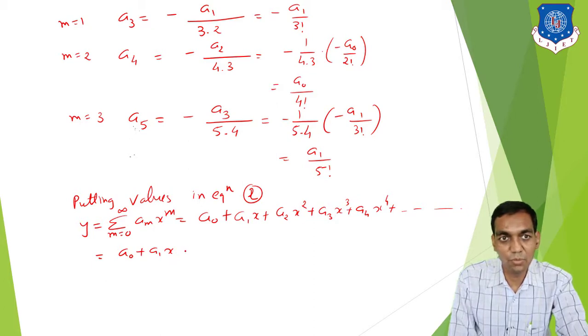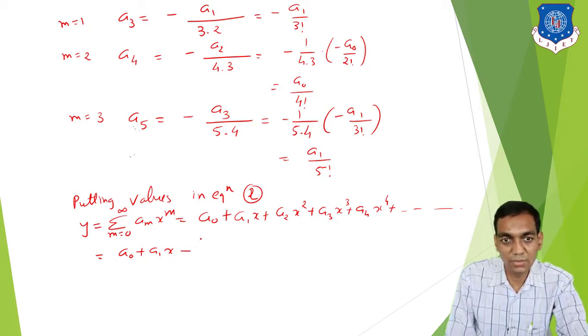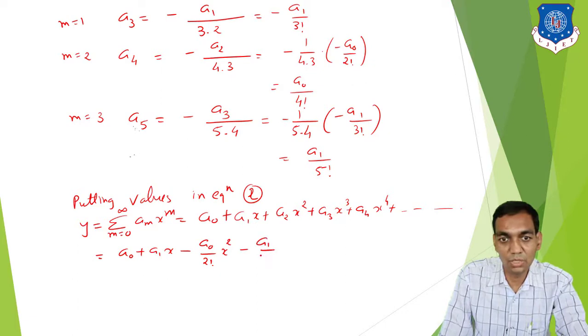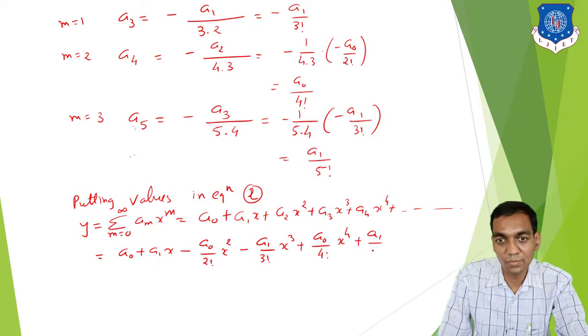We have the value from a2. a2 has a value minus a0 upon 2 factorial into x square. a3 has a value minus a1 upon 3 factorial into x cube. a4 has a value a0 upon 4 factorial x raised to 4. In the same manner a5 has a value a1 upon 5 factorial x raised to 5 and so on.